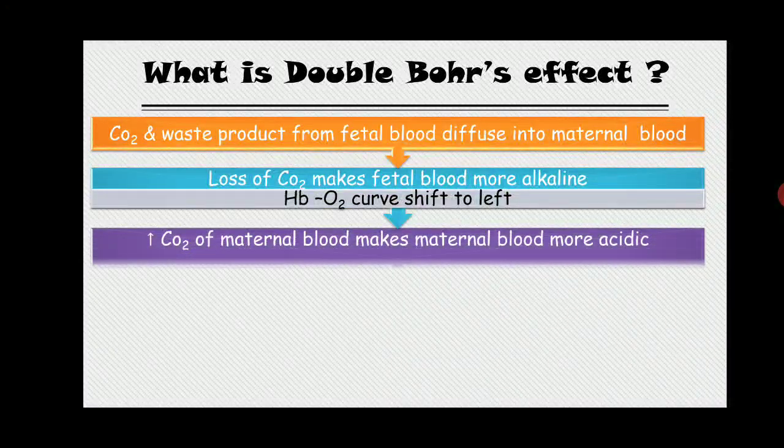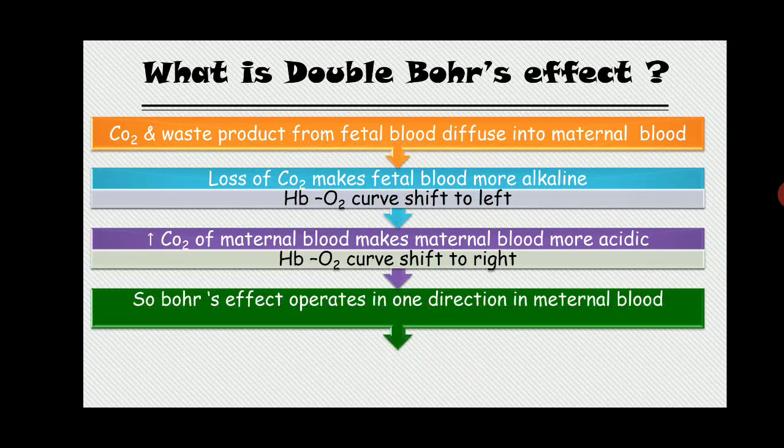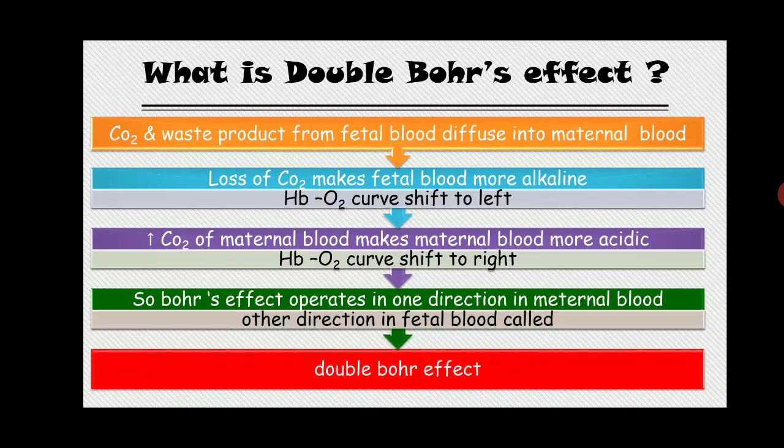Now as carbon dioxide increases in the maternal blood, it makes the maternal blood more acidic. So the HbO2 curve of the maternal blood will shift to the right. So the Bohr effect will operate in one direction in the maternal blood and the other direction in the fetal blood. It is called the double Bohr effect.